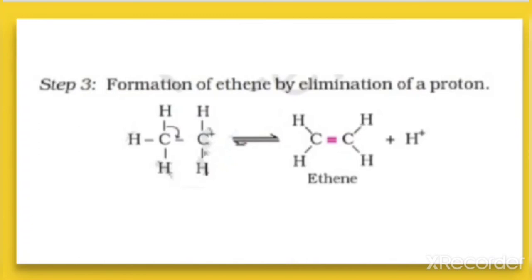So we can say that the product formed is an alkene. So look at the arrow marks carefully, how the displacement of electrons takes place with the removal of H plus, that is the removal of a proton, and the electrons will be shifted here, that results in the formation of a double bond. So that is a formation of ethene.